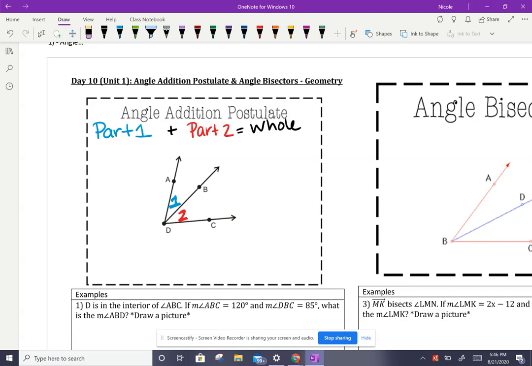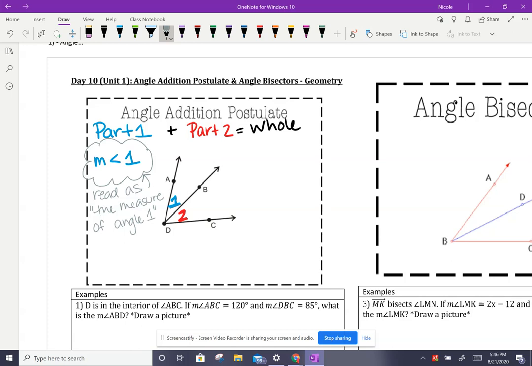M angle 1. I'm going to make a note that this is read as the measure of angle 1. That's something very important to note.